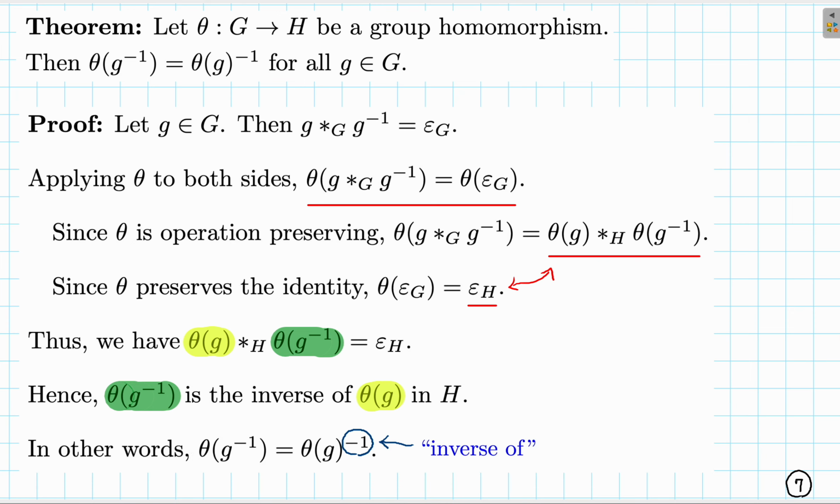So we see that our green element, theta of g inverse, is the inverse of theta of g. And so that's what we have, the desired result. Once again, this last line is the symbolic version of the line before it, namely theta of g inverse is the inverse of theta of g.